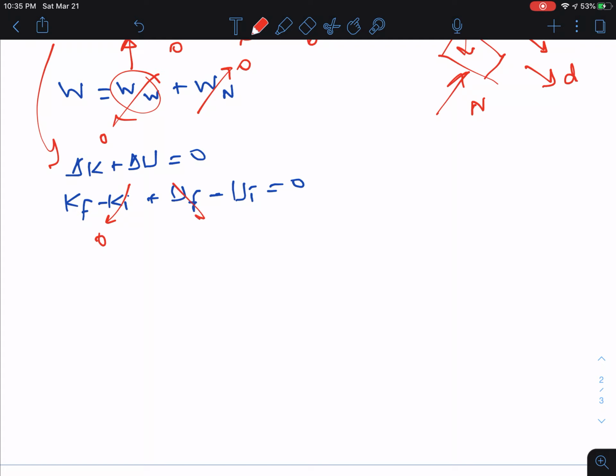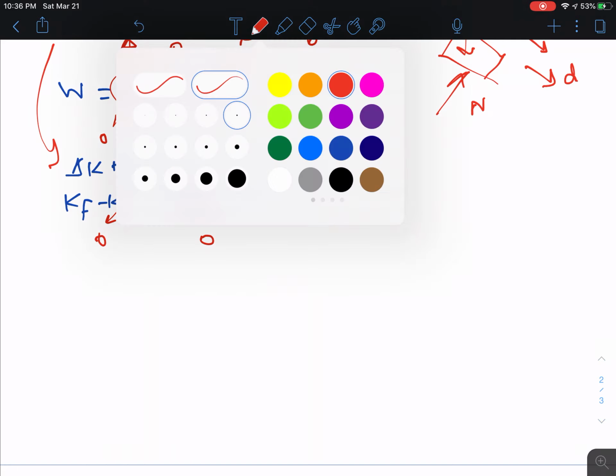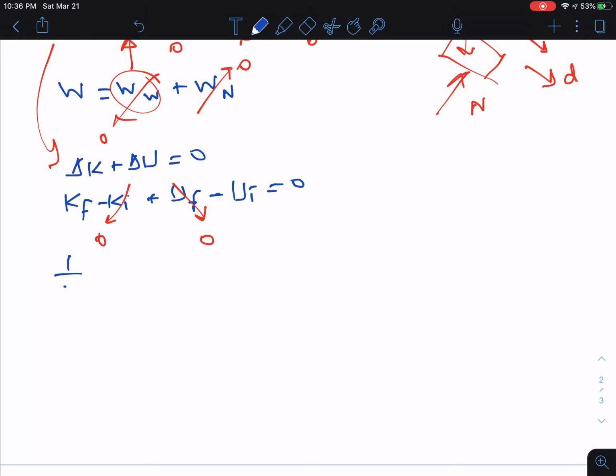That's why it's okay not to write why, because we've already given those reasons. And final potential energy, I'm keeping the same axes. I'm still saying ground is 0 potential. So they're still applicable. What is kinetic final? 1/2 m v final squared. Initial potential is m g y initial, and final potential is equal to 0.